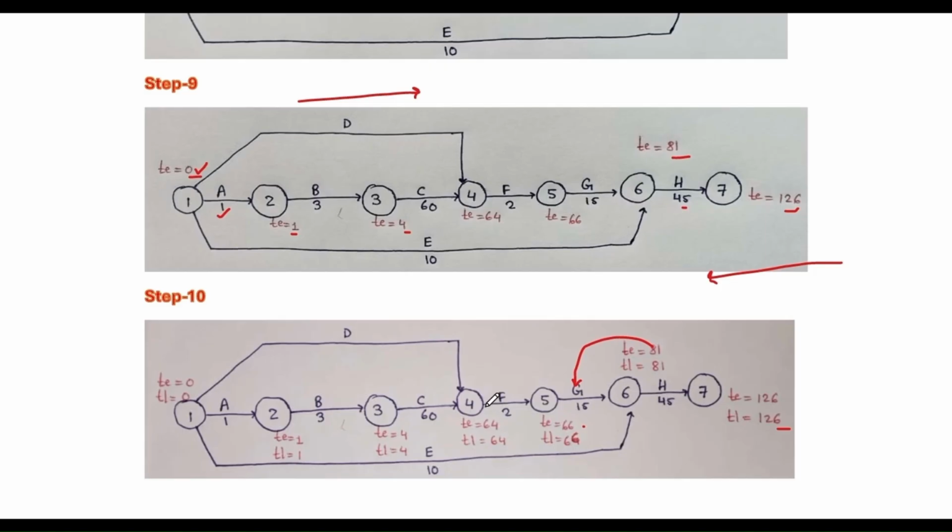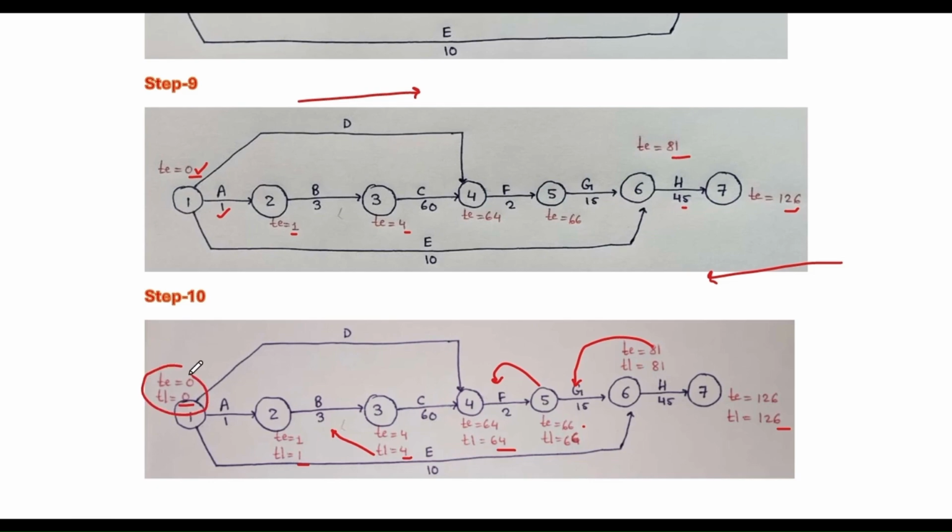Node 4: 66 minus 2, that is 64. Now node 3: 64 minus 60, so TL will be 4 for node 3. Now for node 2: 4 minus 3, that is 1. So TL for node 2 will be 1, and finally for node 1 that will be 0.